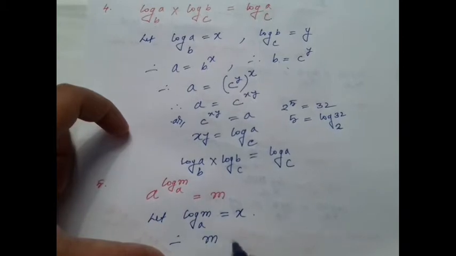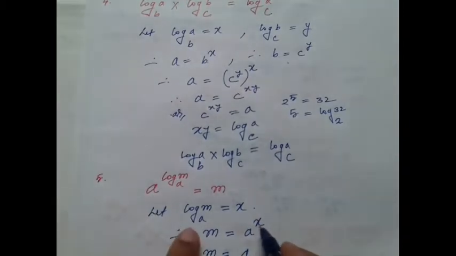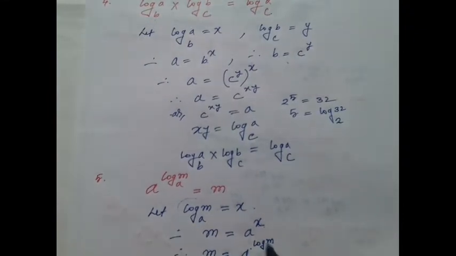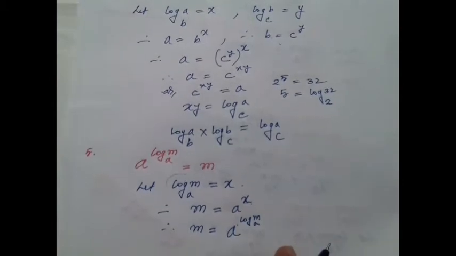Therefore from the definition we are getting m equals a to the power x. Now if I put the value of x, that is log m to the base a, directly it follows the proof that a to the power log m to the base a equals m. Okay.